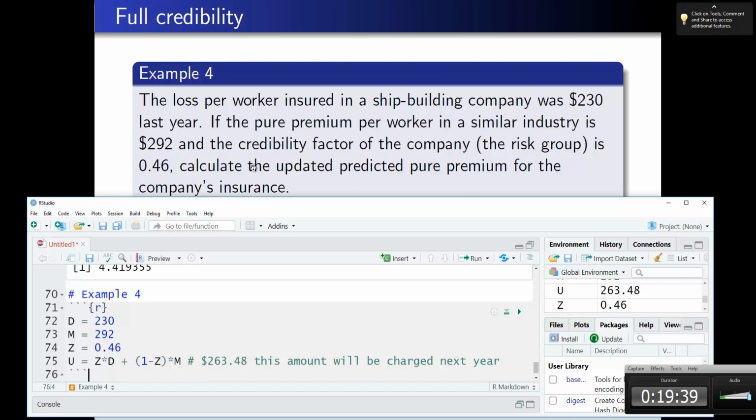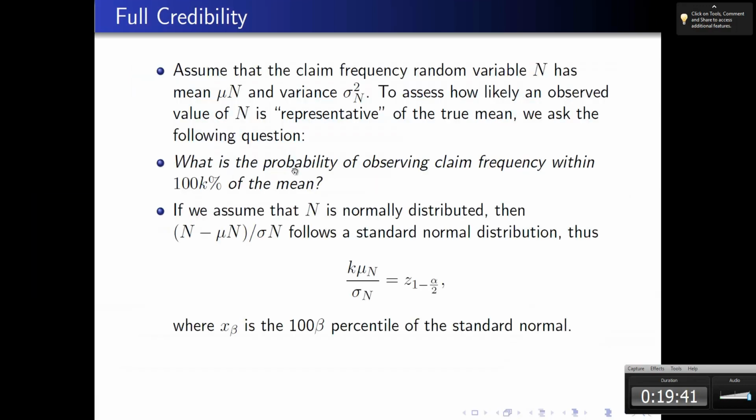Okay, let's then start with the full credibility. We have the random variable n and mean and variance, mu n and variance sigma n. How likely will be the n as the representative of true mean?